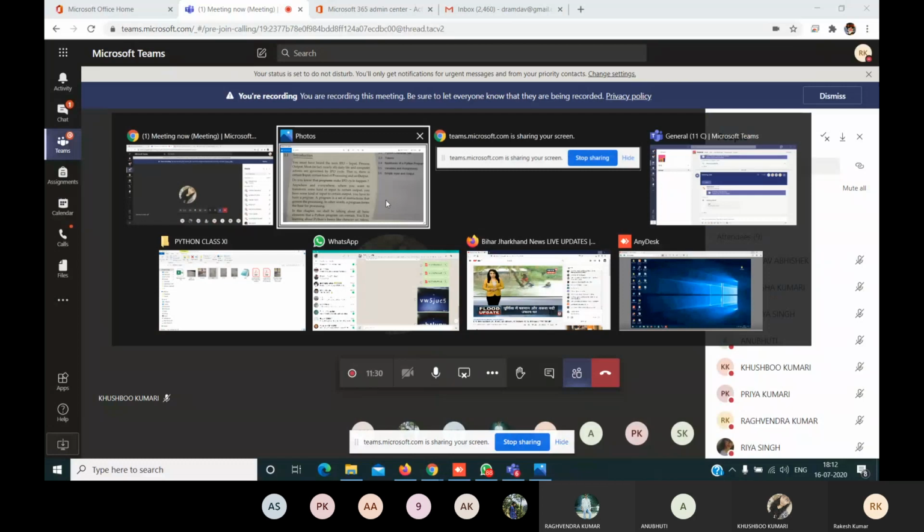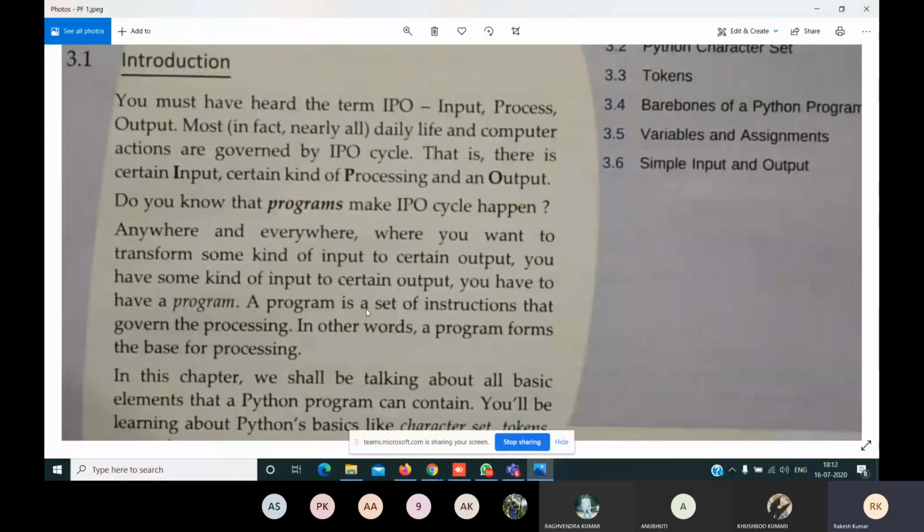If you want to make a cup of tea, there is a requirement of some raw materials.